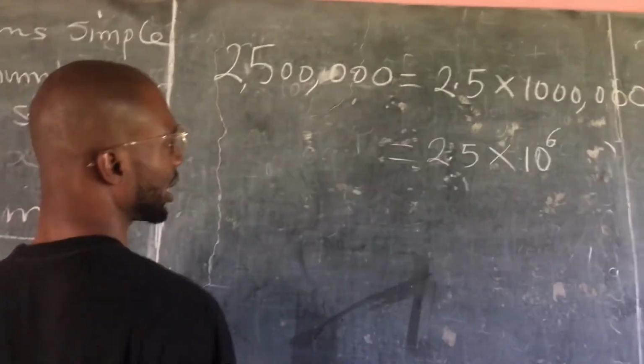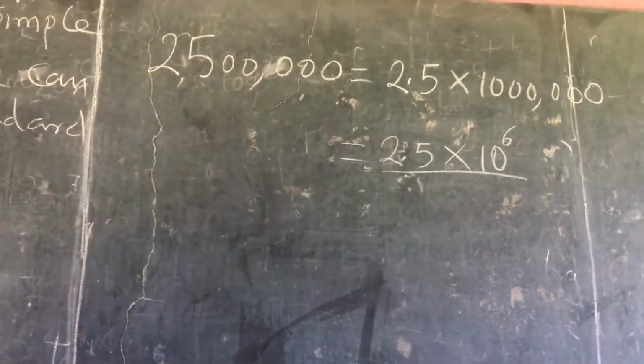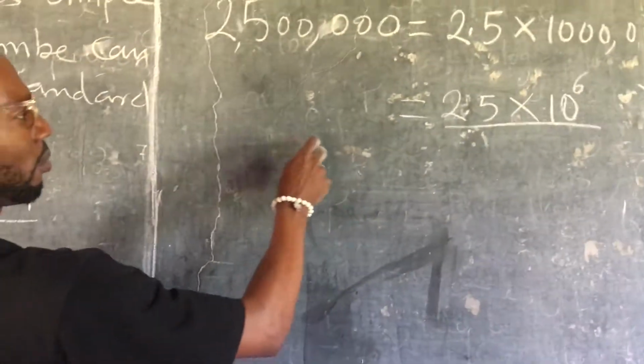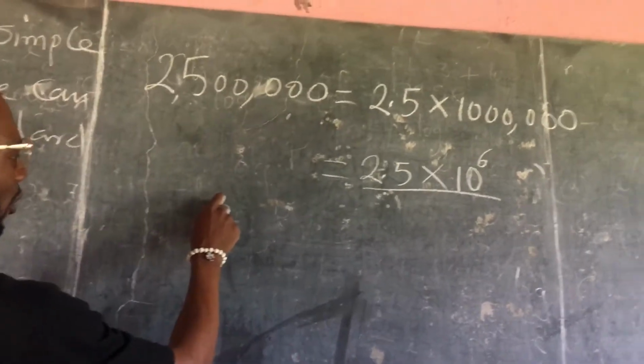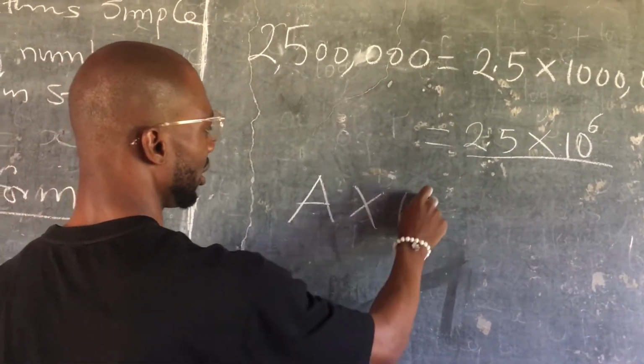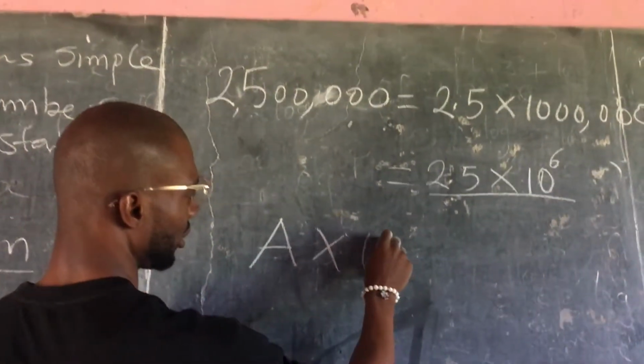Let us notice that these two numbers I have expressed like this are in this form: a times 10 raised to power n.